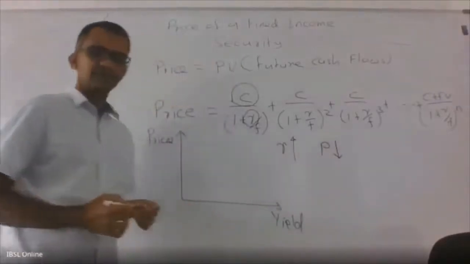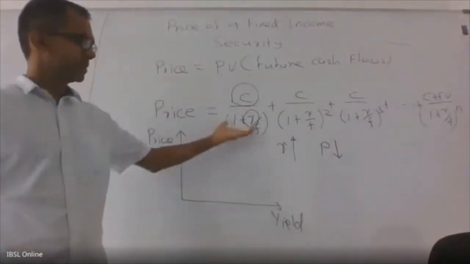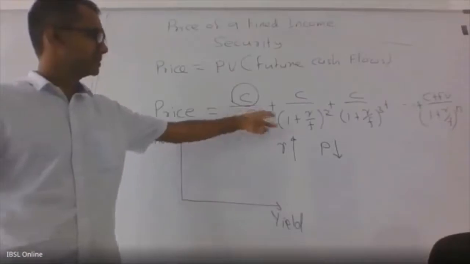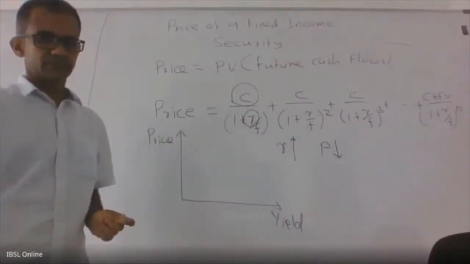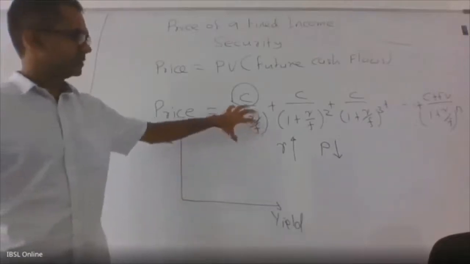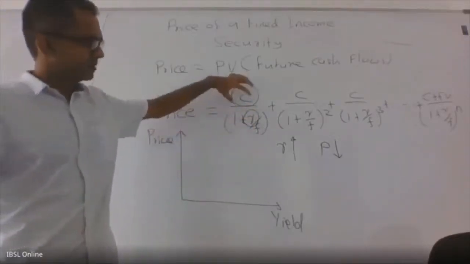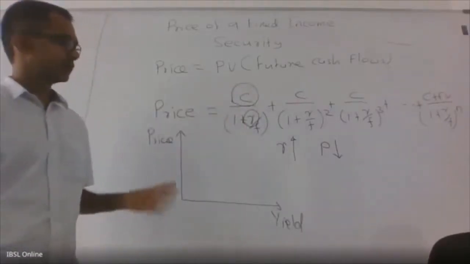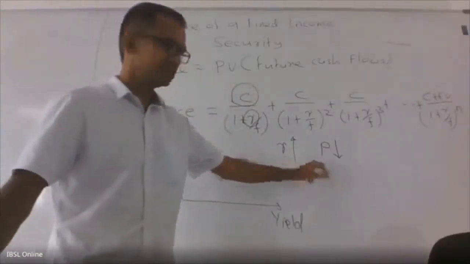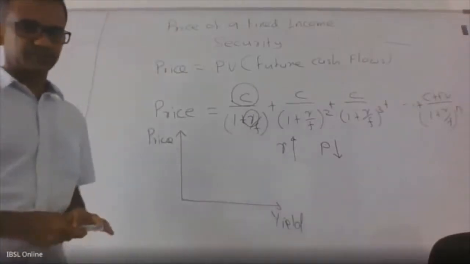Price decreases. Why? When yield or the required rate of return increases, this discount factor increases. Then we divide by a larger number, and we get a smaller figure. Therefore, when yield increases, price decreases.